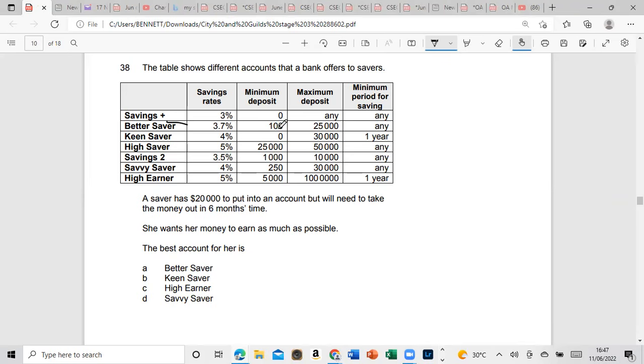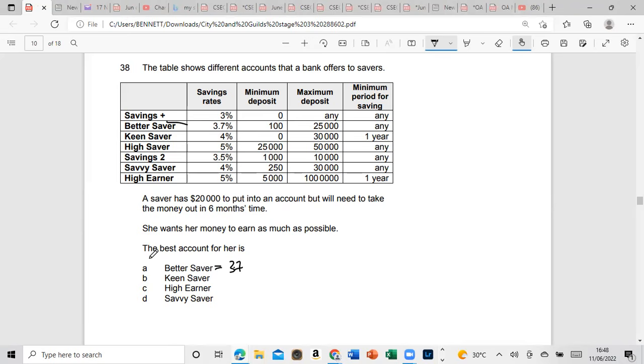So she passes that. Maximum 25,000, yes, she is in that range. Minimum period of saving, any, and that gives 3.5%. So this looks good, because that's the highest saving rate.